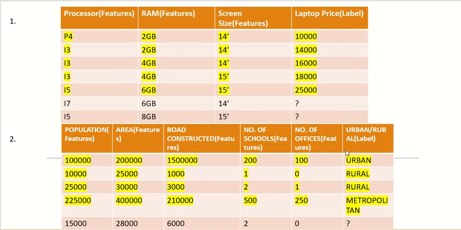We had some relation, some formula, some model to classify, but this is a classifier problem, so classify these labels into urban, rural, metropolitan. When we do not have information about these labels, based on the features and the model we calculated, we were able to classify these features into a particular label, and which label it should come into.